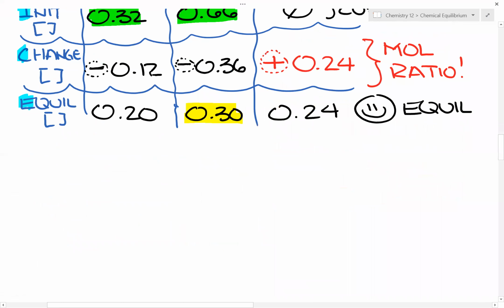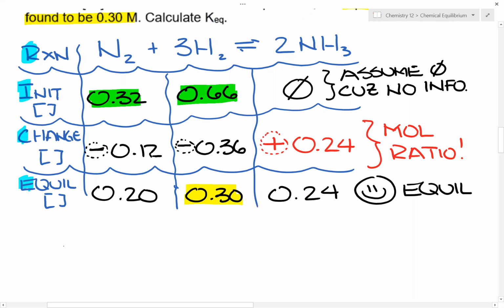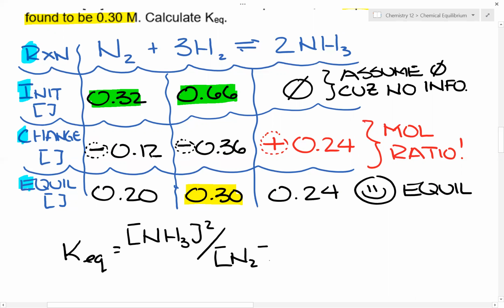And then all we need to do is just plug it in. So we have KEQ is equal to the concentration of NH3 squared over the concentration of N2 times the concentration of H2, all cubed.